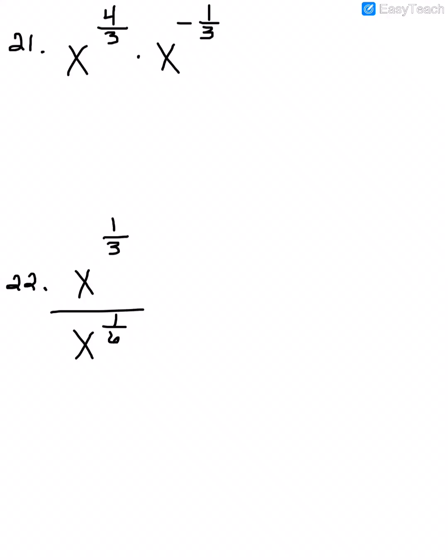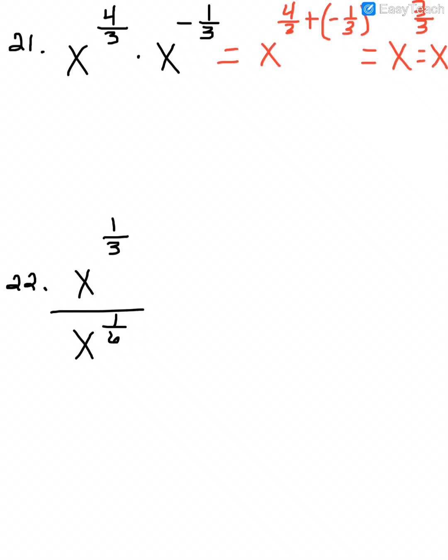Again, I'm multiplying like bases. I could actually do 21 in one of two ways. If I were going to multiply my bases and I add the exponents, I'm adding 4/3 plus a negative 1/3, which would give me x to the 4 minus 1 is 3/3, or just x.